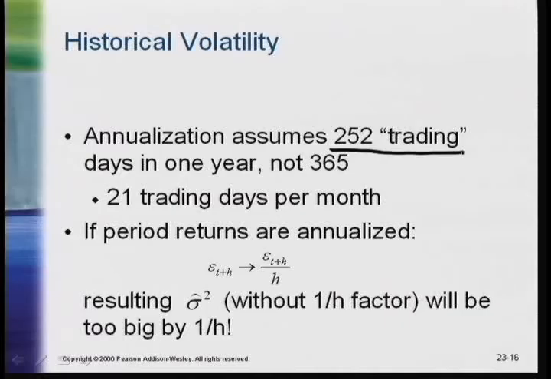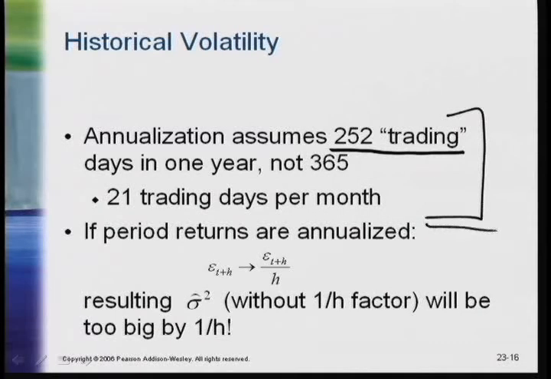So if we're going from a year to a month, we use square root of 12. If we're going from a year to a day, we use square root of 252. If we're going from a month to a day, we use square root of 21, and so forth. Okay, so that's just going to be our timing assumption for the purposes of using historical data.